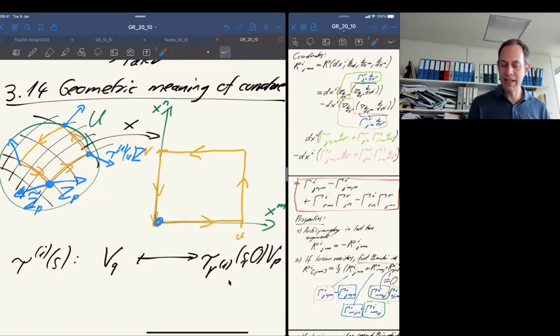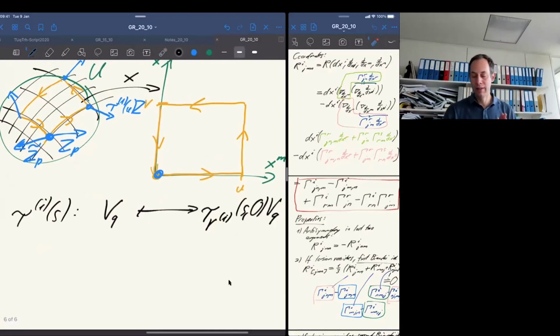This applies to any vector at any point, and this tau here was defined by taking a vector, I'm sorry, this should be a q here at the end. It takes a vector somewhere on the curve, namely at the point where the curve parameter is 0, and transports it to the point where the curve parameter is s. But now I want to be able to transport arbitrary points q. So that's why I define a tau, which acts on all points, and I make the curve dependent on q.